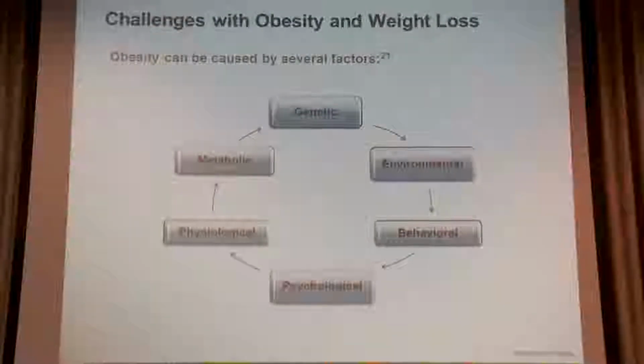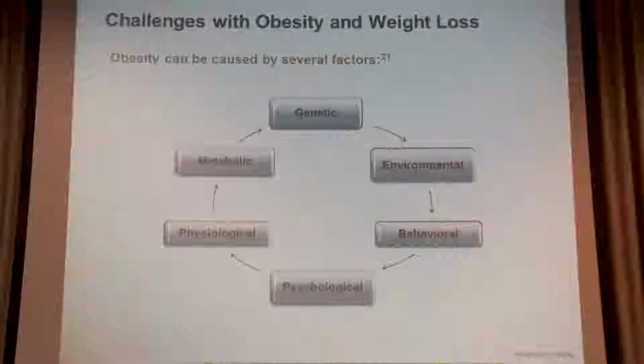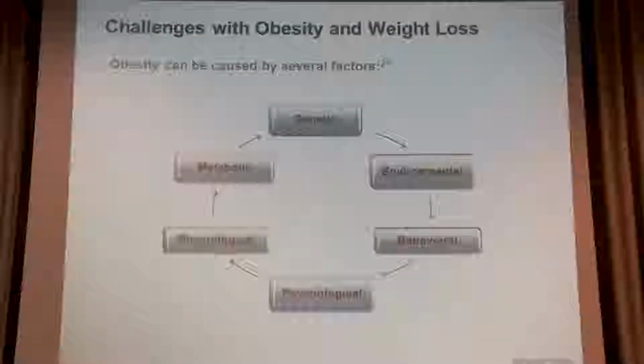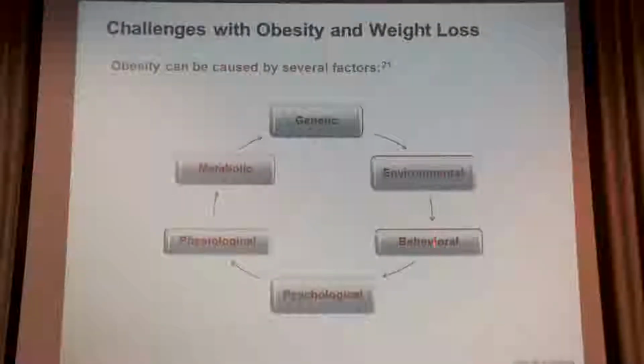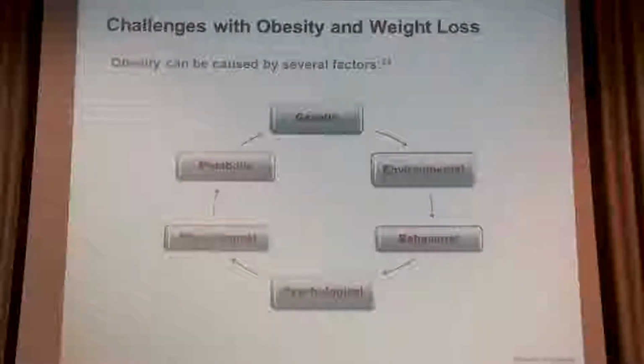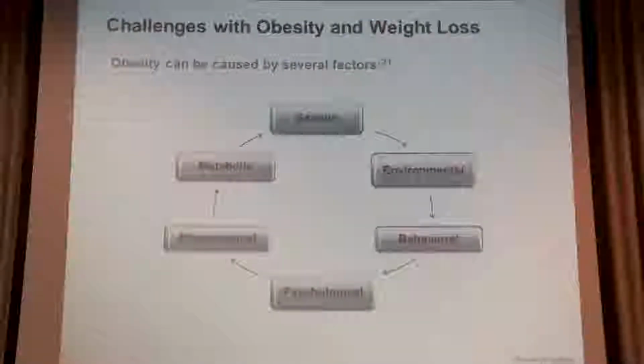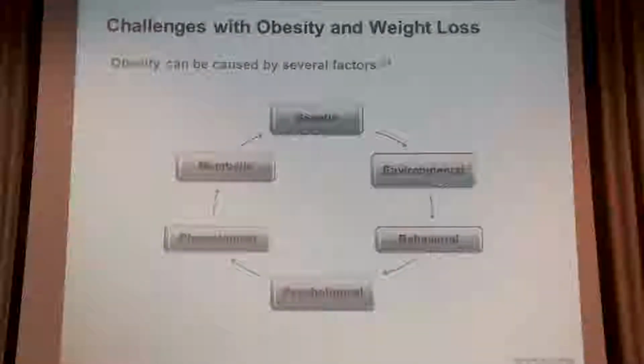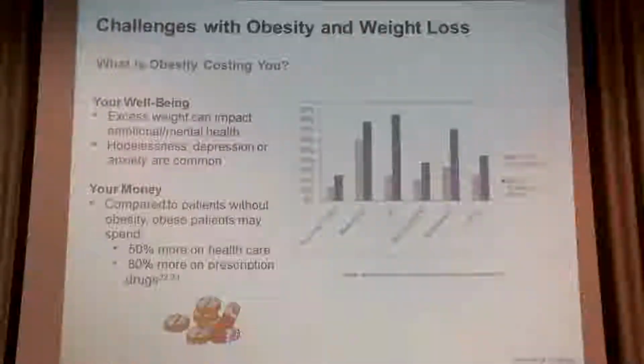So again, as we discussed briefly, weight loss isn't easy. There are multiple reasons why. As you can see, it provides a whole cycle here that is all interrelated and interconnected, that makes weight loss difficult, and it makes it understandable as to why we have a problem in the U.S. population today.